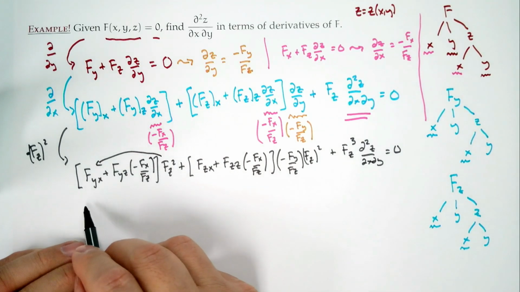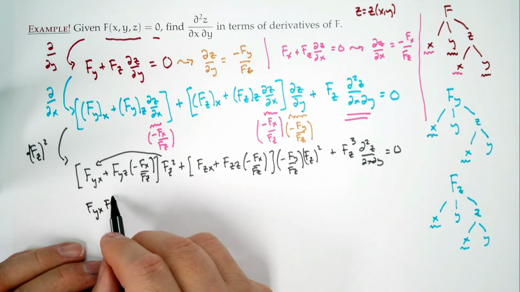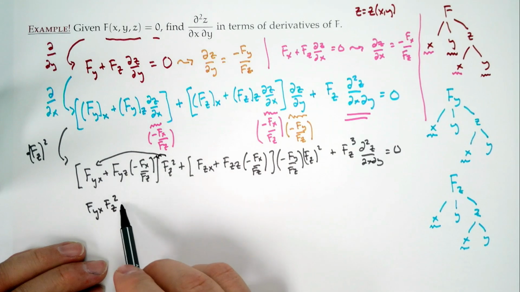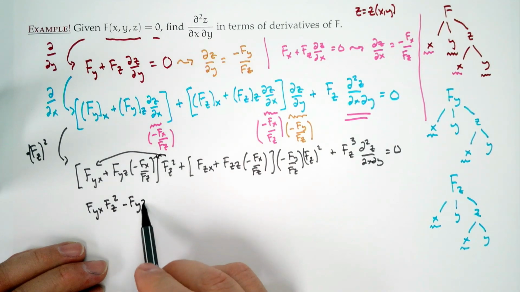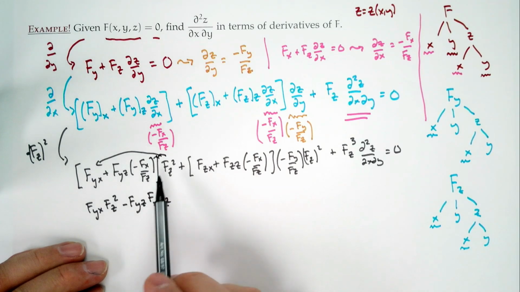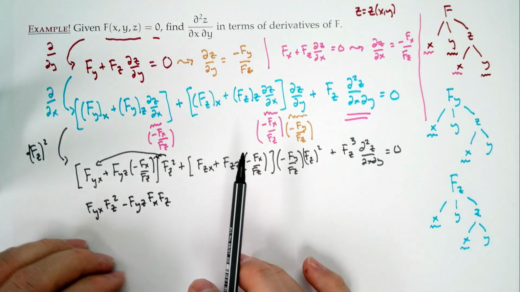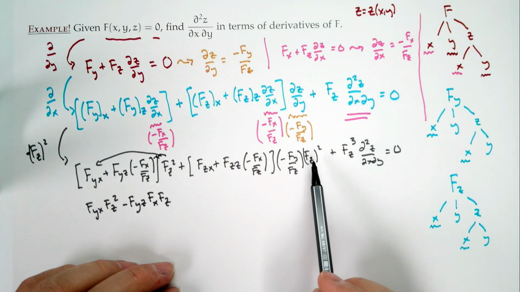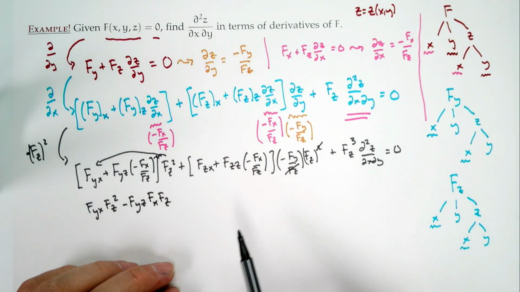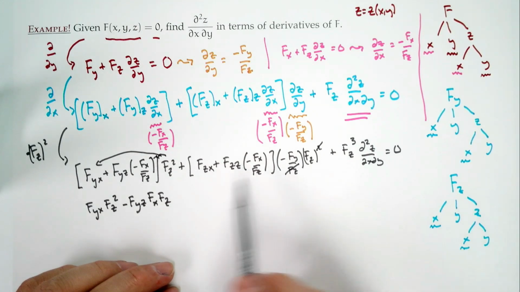Multiplying through, we're going to get f y x f z squared. And here, we're going to get minus f y z f x f z. Because you can see here that we're going to get one of the f z's cancel. Okay, so that's fine. Now how about here? Well, one of the f z's will cancel there right away. So we have an f y and an f z. And that's going to multiply through.